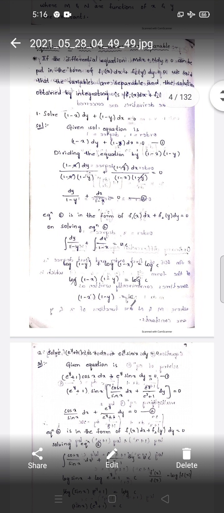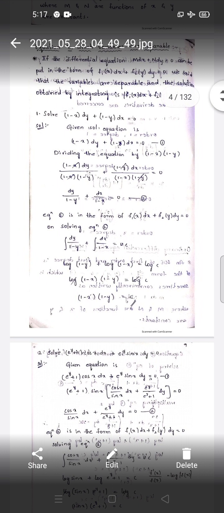This equation is variable separable. First, it is an ordinary differential equation of the form M dx plus N dy is equal to 0, and second, it is put in the form f1 of x dx plus f2 of y dy is equal to 0.